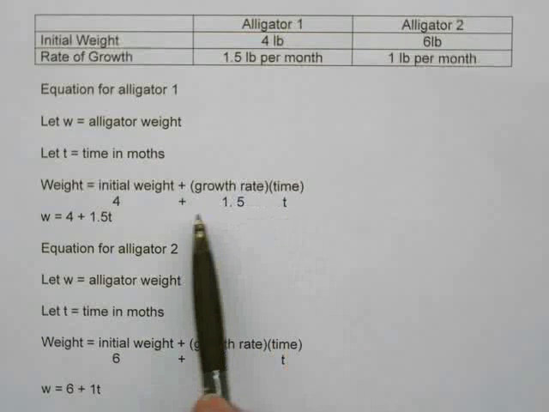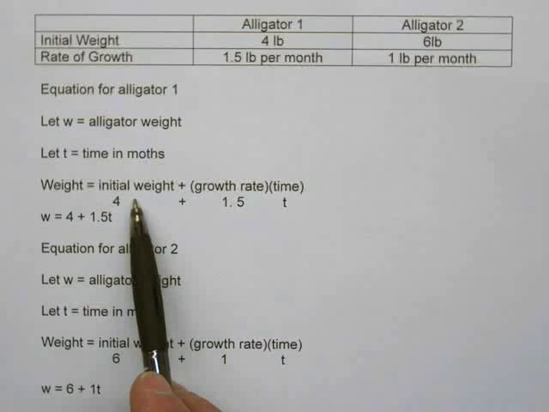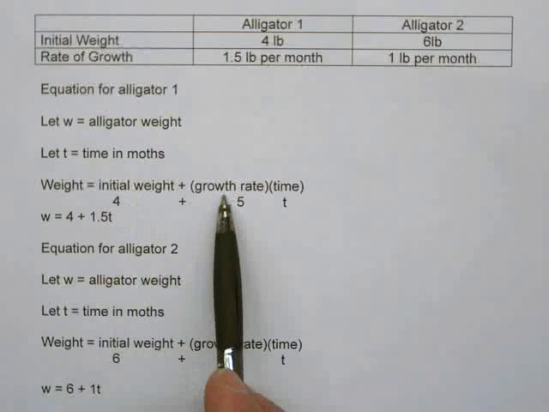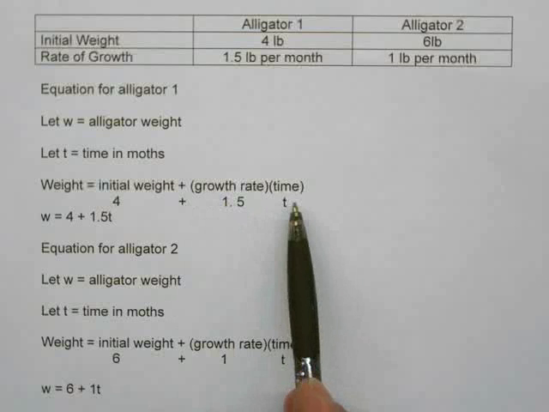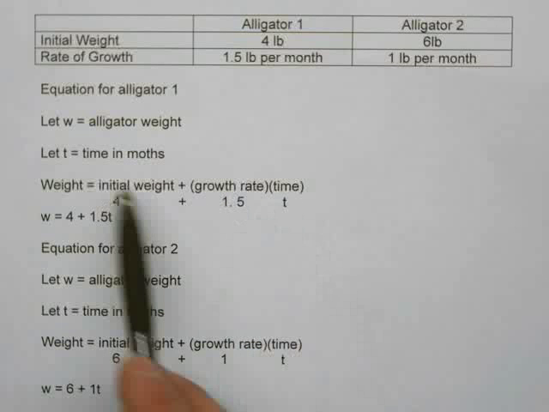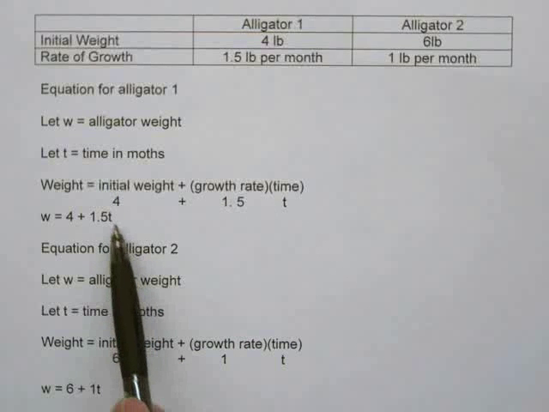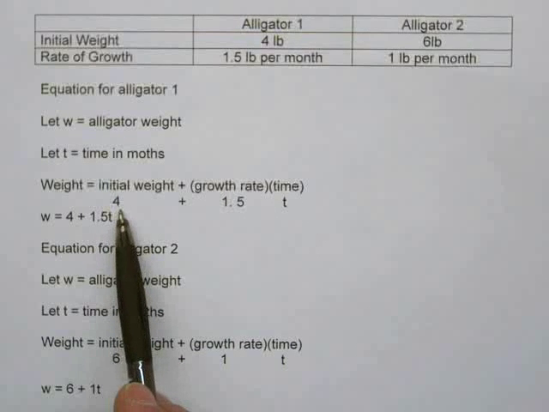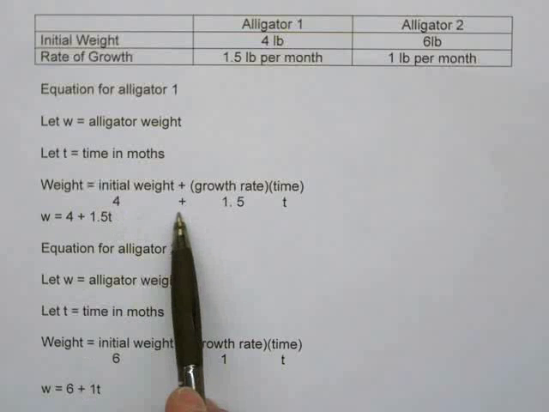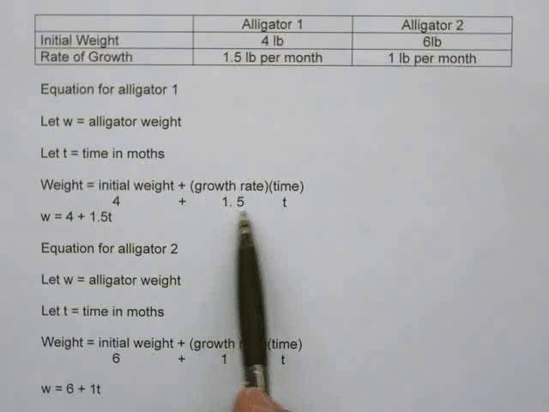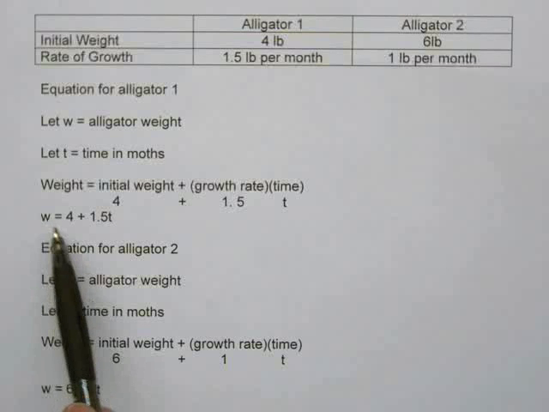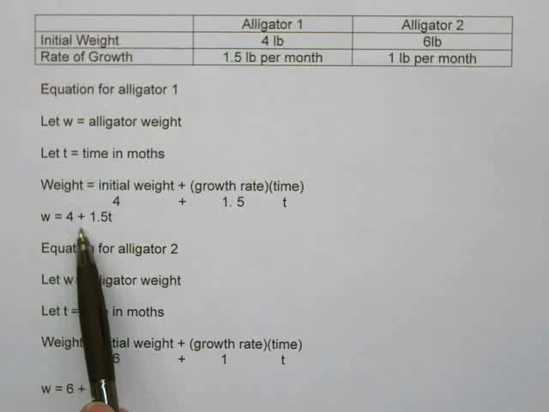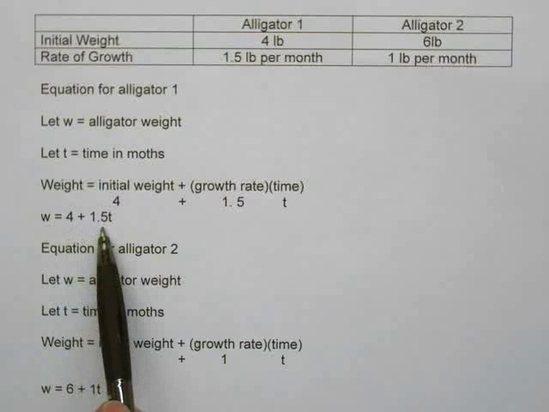In other words, what was its weight when we started the experiment, and how much does it grow for every given unit of time, in this case, months, because T is time in months. So its initial weight was 4 pounds, and to that we have to add its growth rate of 1.5 pounds per month. Therefore, W, the weight of the alligator, equals 4, where we started, plus the 1.5 pounds per month that it's growing.